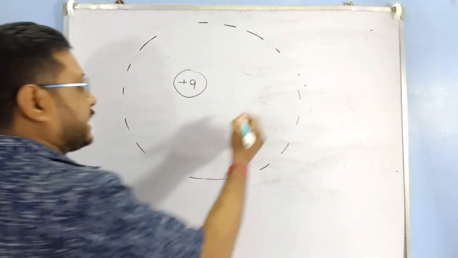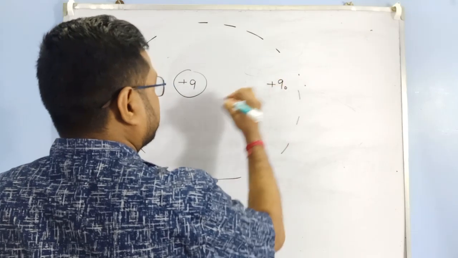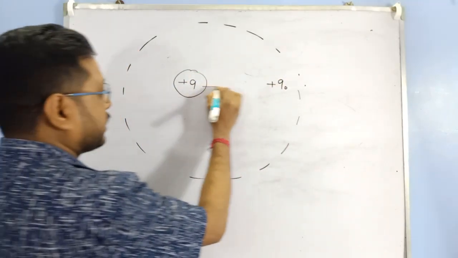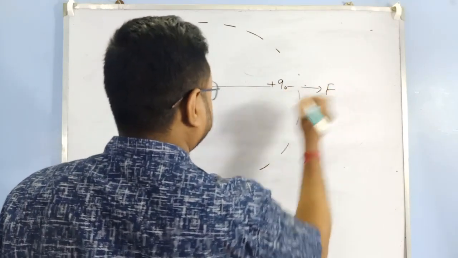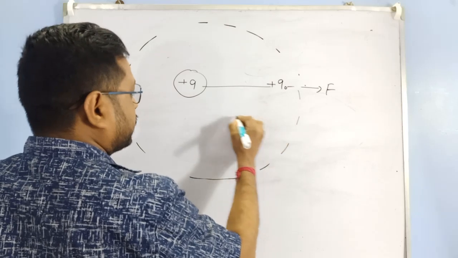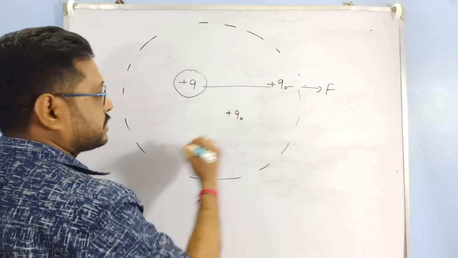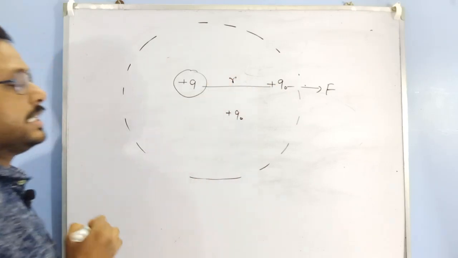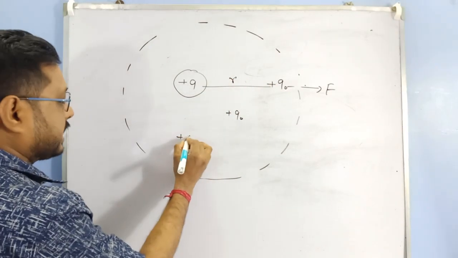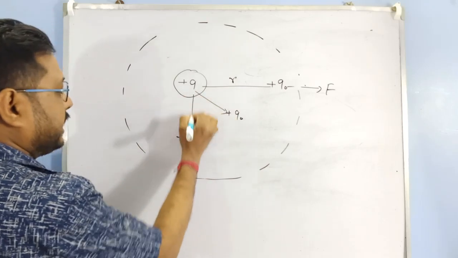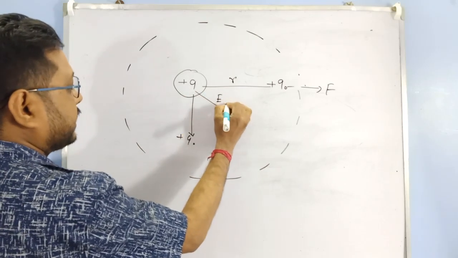Now, if we take a unit positive charge Q0, which is very small compared to Q, then it will experience a Coulomb force F. But if we take Q0 at a closer distance or a farther distance than the initial case, the electric field intensity will be different.